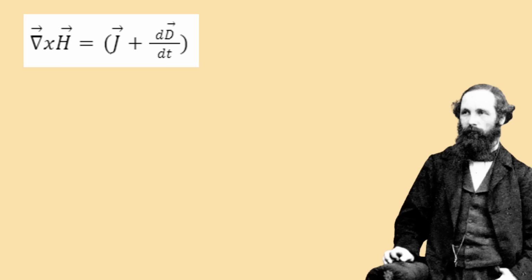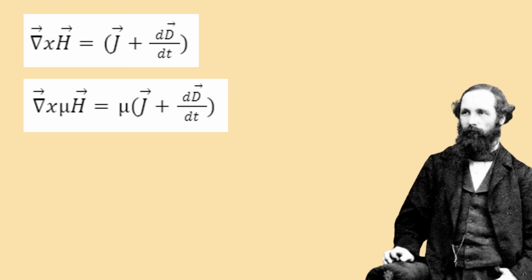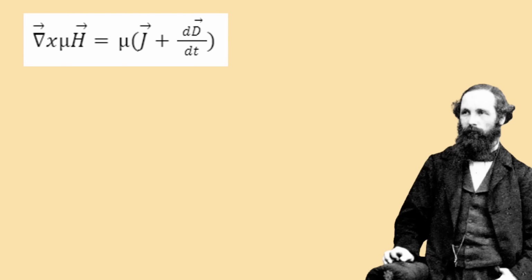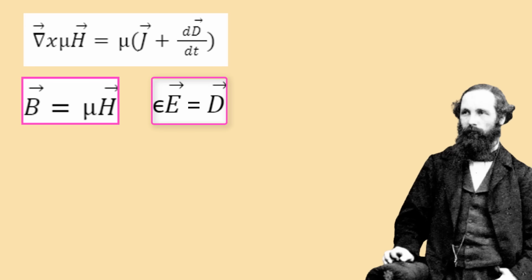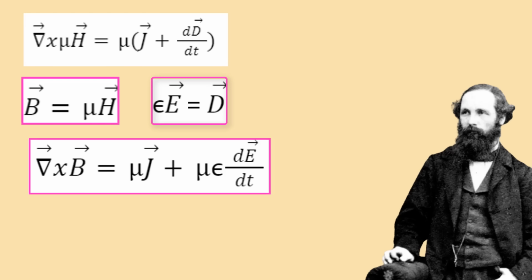Once again, sometimes this equation is written just in this way, but if we want to get it in the more traditional form, we can multiply both sides by mu to get the curl of mu H equals mu times J plus dD/dt, and use the fact that in a uniform medium, we can replace mu H with B and replace D with epsilon E to get the curl of B is mu J plus mu epsilon dE/dt, where mu, the permeability, is a constant dependent on the magnetic properties of the medium, and epsilon, the permittivity, is the constant dependent on the electric properties of the medium.